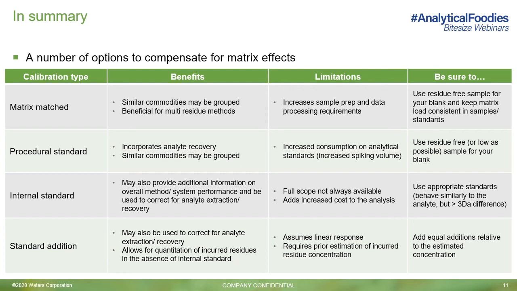Perhaps a combination of approaches may be required to either compensate for effects, as we've just discussed here, or to reduce the effects, which is discussed in another episode of this series. Finding the right solution to overcome matrix effects is often method or lab specific. Hopefully this short overview provides some guidance when selecting the appropriate method to correct for matrix effect.